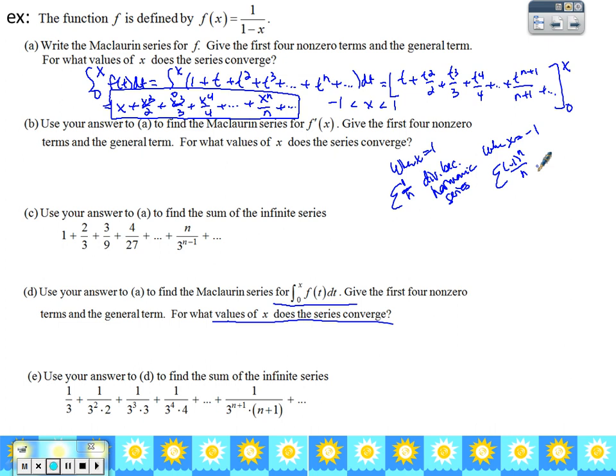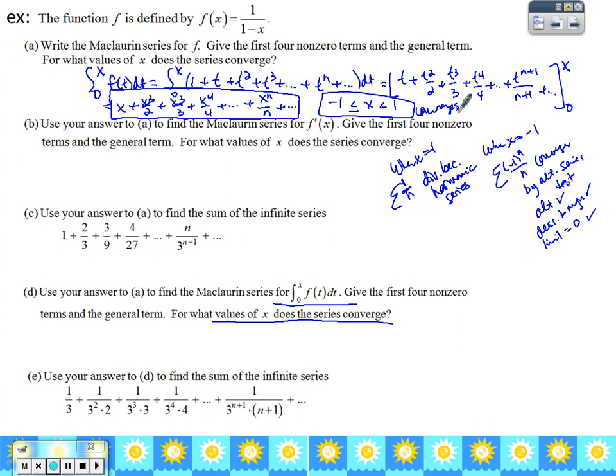So therefore, this series converges by the alternating series test, because it's alternating, check. It decreases in magnitude, check, and the limit is 0, check. So what does that mean? That means that we add an equal sign up here. Yay! That's our convergence. Woohoo! All that for the equal sign.